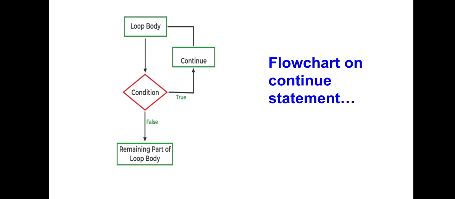It will do this process for the number of iterations. When the condition fails, the compiler takes the instructions represented outside the body of the loop. That is represented in this flowchart as the remaining part of the loop body.